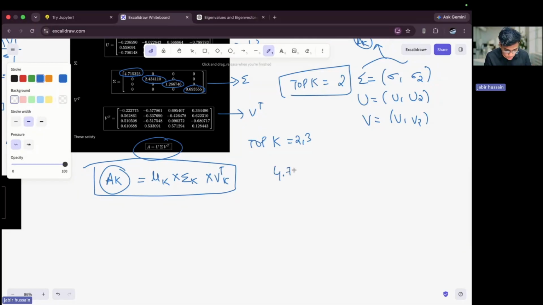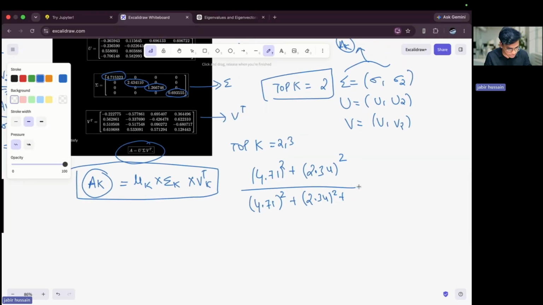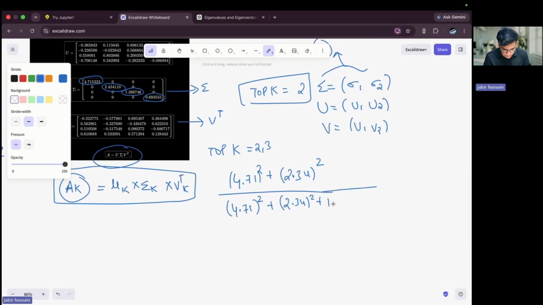So 4.71 squared plus 2.34 squared divided by 4.71 squared plus 2.34 squared plus 1.26 squared plus 0.69 squared. You will get the answer in percentage.